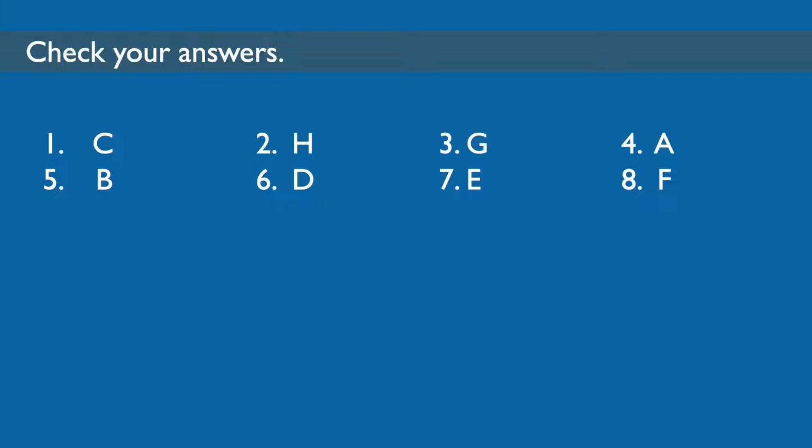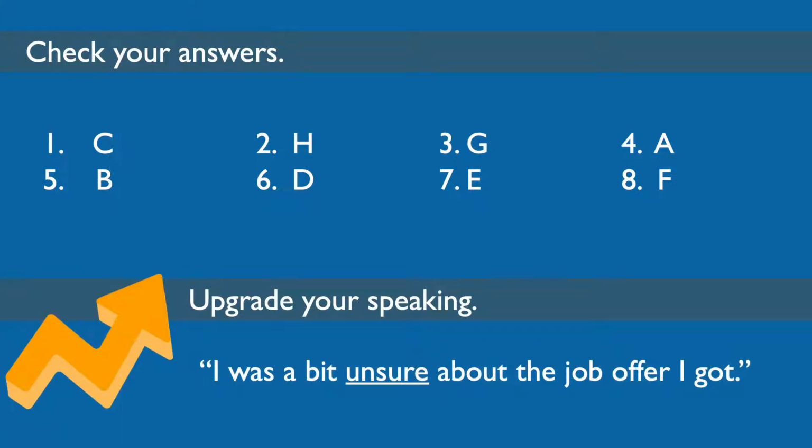So how many of these pairs of synonyms did you manage to guess? Well, I'm going to give you a top tip now, so listen up. In the IELTS speaking test, you can use the synonyms on the right, the ones in orange, to upgrade your speaking.